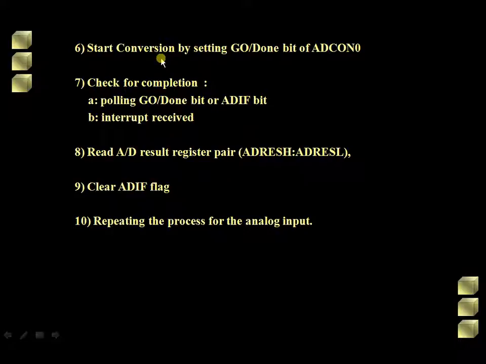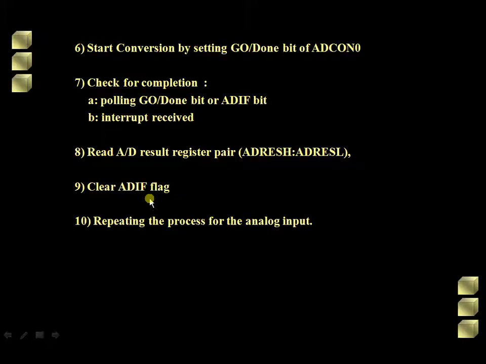Conversion is started by programming logic 1 to the GO/DONE bit of ADCON0. Then we monitor this GO/DONE bit until it becomes 0 if we are using the polling method, or else we carry on some other operation in our main task. If an interrupt is generated, that means the conversion is completed, and the processor will execute the ISR, where we write code to read the result from the A to D result register pair.